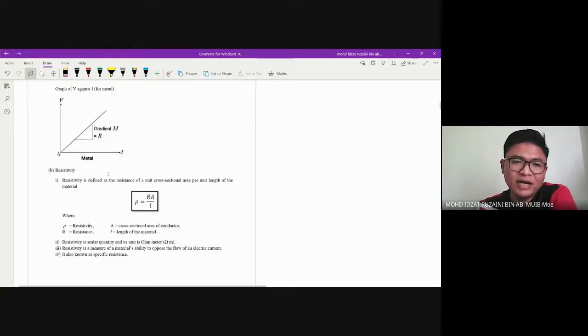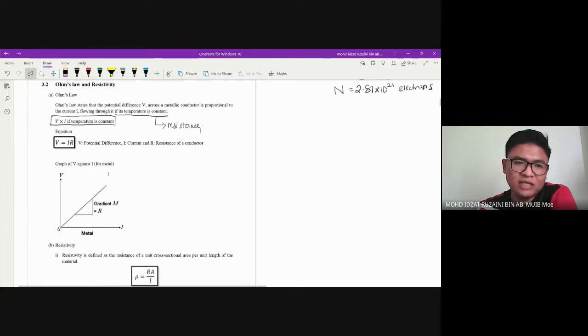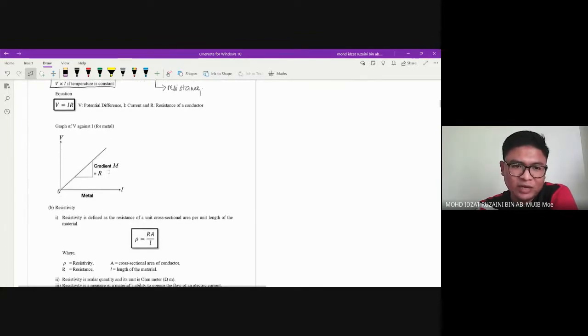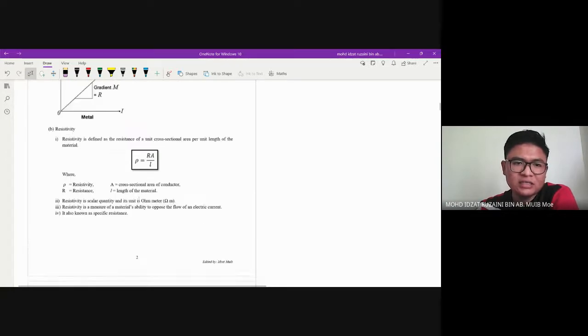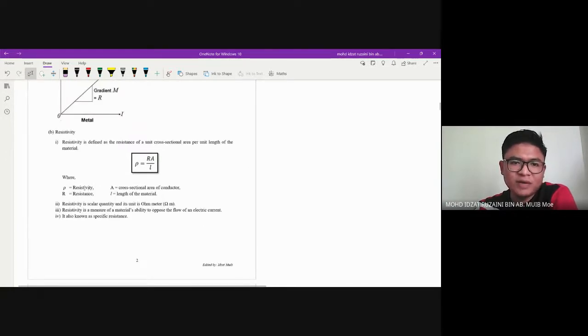The second part in this subtopic ialah resistivity. Okay, kita ada resistivity. So apakah dia resistivity? Resistivity is defined as a resistance R of a unit cross-sectional area per unit length of the material.